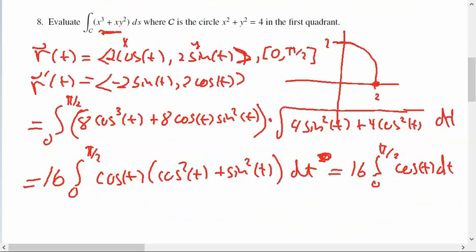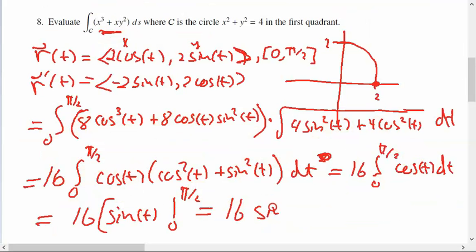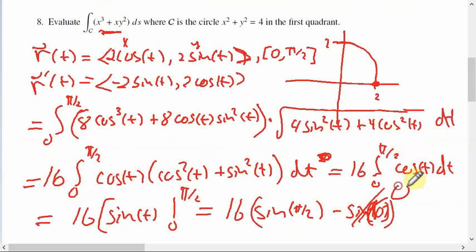Well, cosine, you get sine when you integrate, and that's going to be from 0 to pi over 2. So plugging it in, you get 16 times sine of pi over 2 minus sine of 0. And sine of 0 is 0, and sine of pi over 2 is 1. So this is just 16.